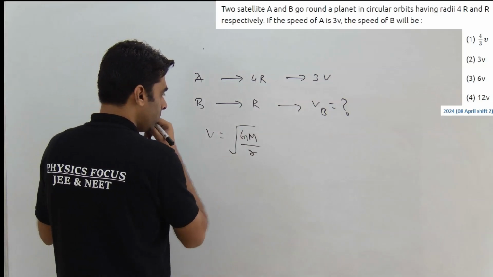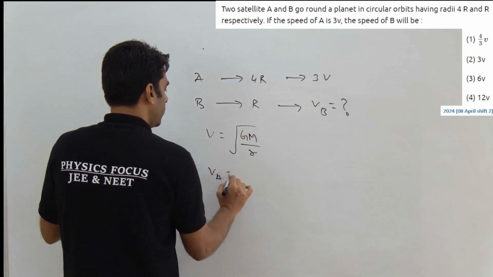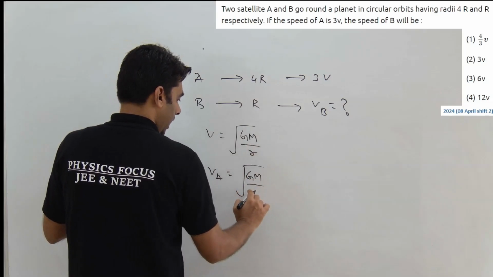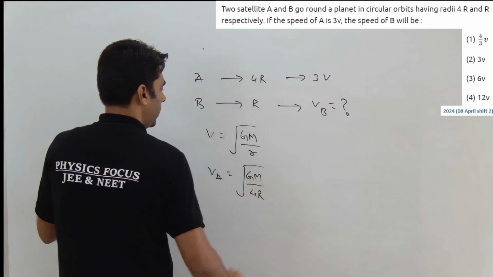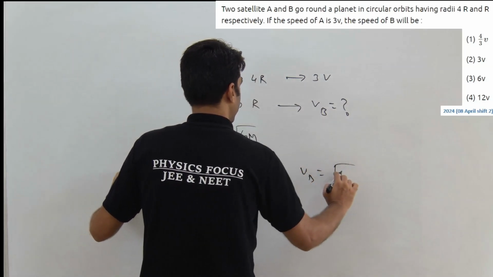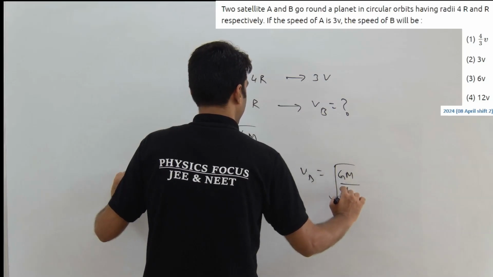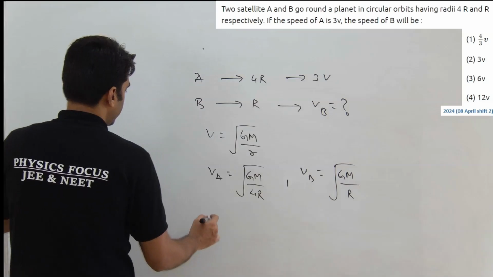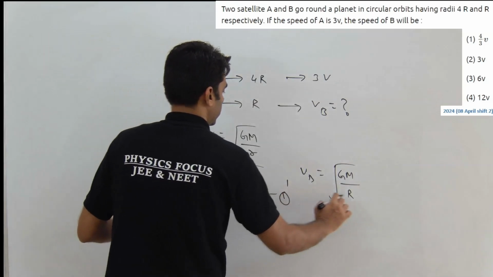So from this, what can we write? VA will come out to be root over GM by RA, which is your 4R, and VB will be root over GM by R, the orbital radius for B. Let's take the ratio. This is 1, this is 2.